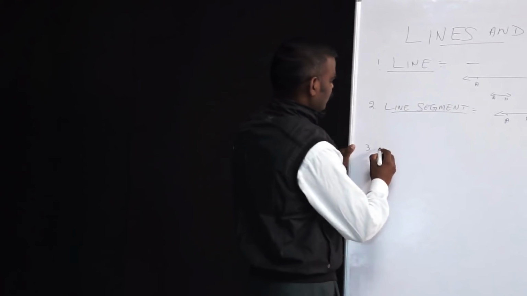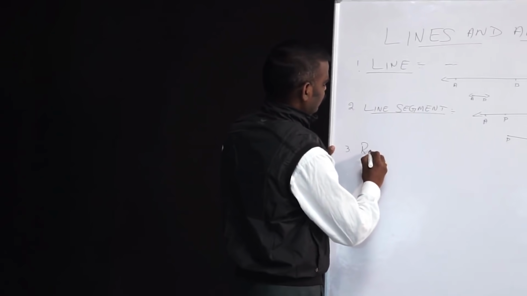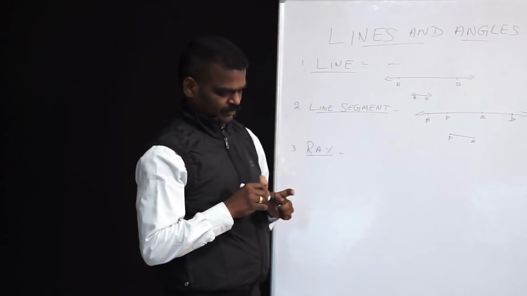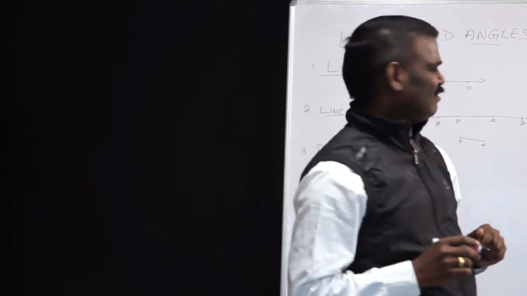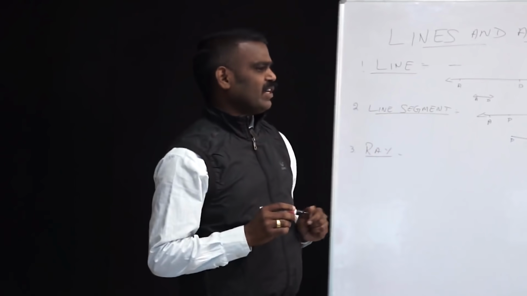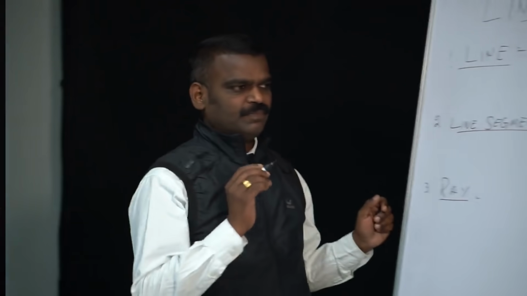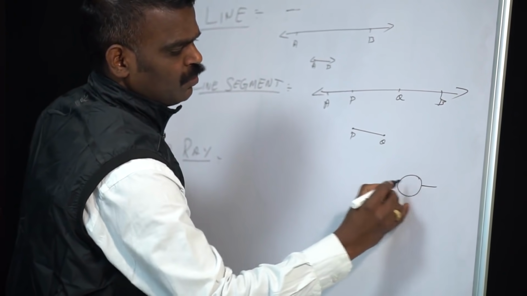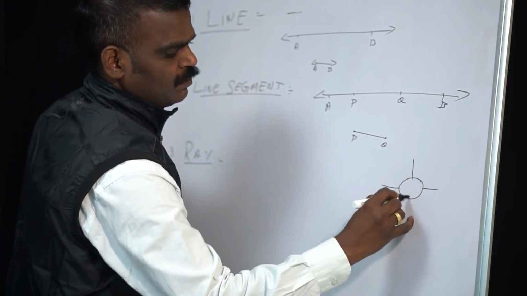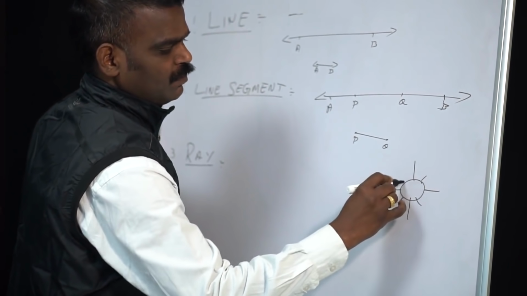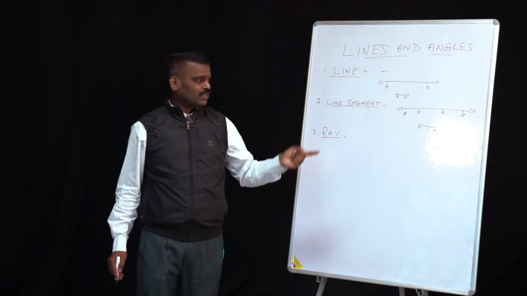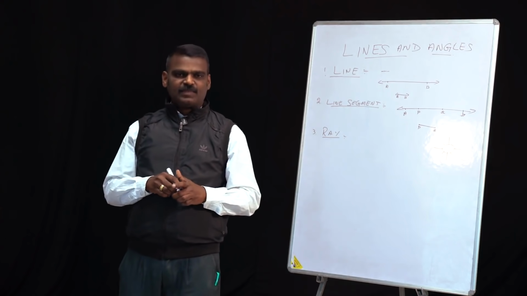Next comes ray. I am going to explain this teaching point, ray, with a small example. I am going to draw a small figure. Easily you will come to know. Can you guess what this figure is? Definitely yes, because every day you see it in the sky.